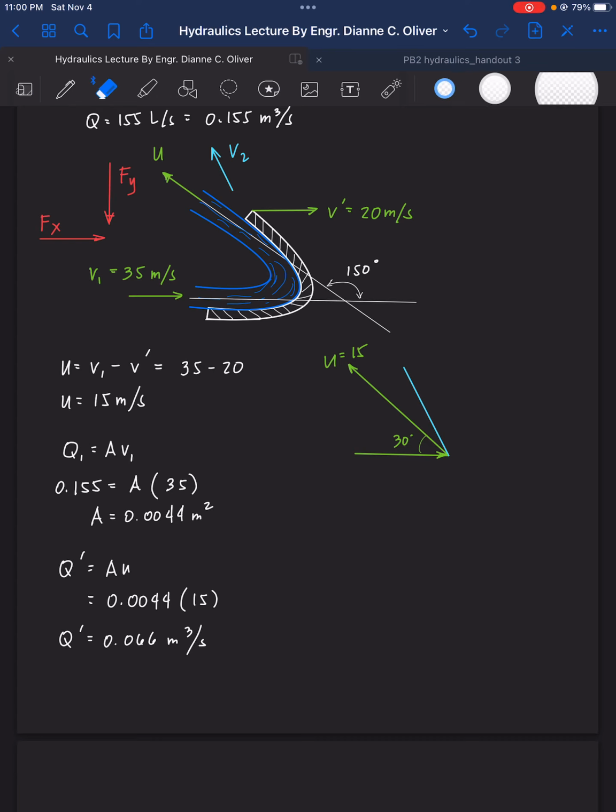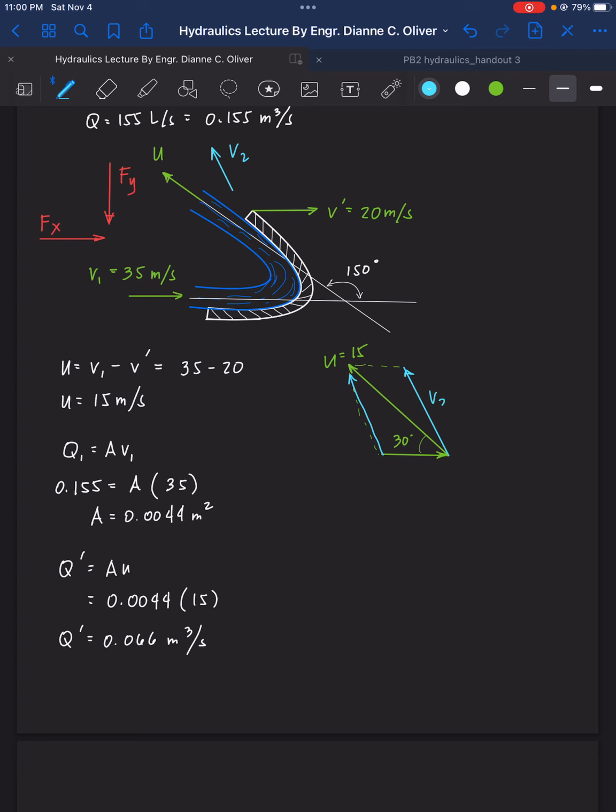Let's just see it like that. So this is also same, so parallel.